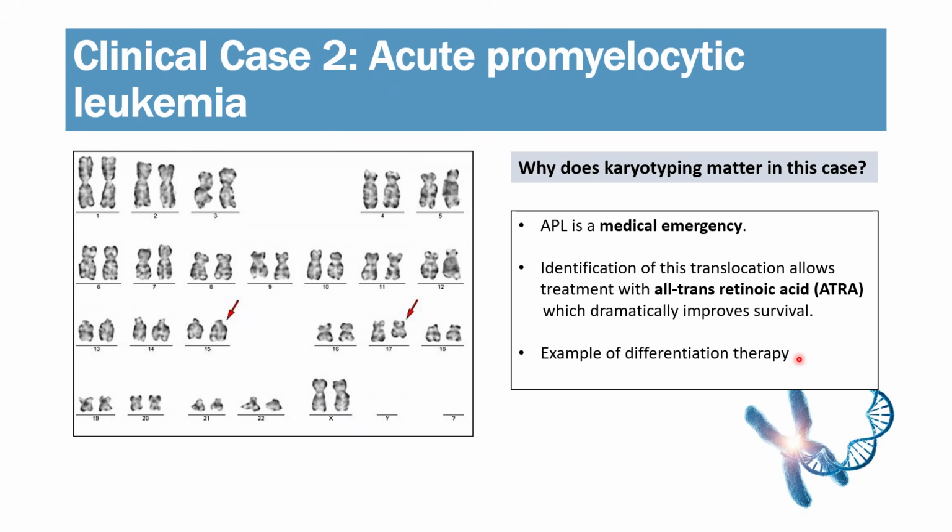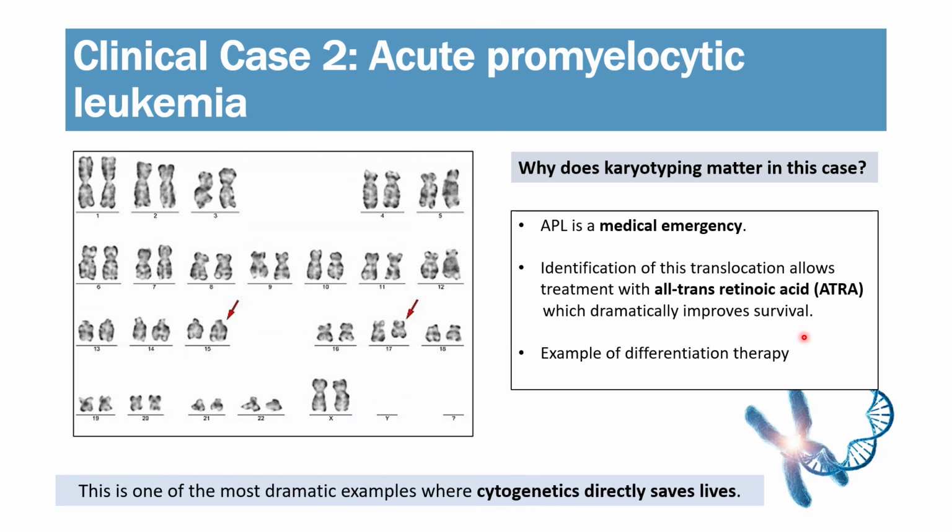It's not a cure, it only helps by differentiation of the promyelocytes into neutrophils, which die after their half-life is over. So, identification of this translocation allows treatment with ATRA, which dramatically improves survival. So, this is an example where cytogenetics directly saves lives by confirmation.